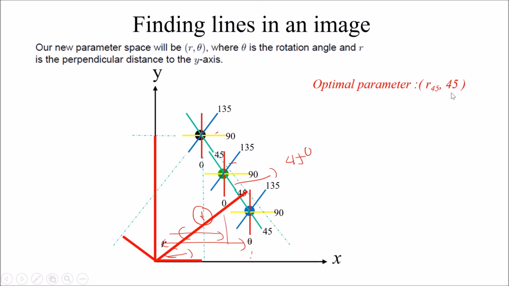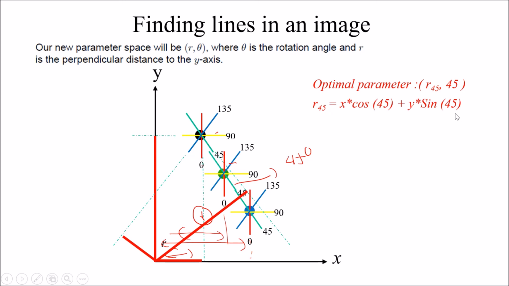What we need to do next in order to find the line is put that in this particular equation, in which r45 is our calculated magnitude from the origin, and then we just plug in the 45 degree angle, which is the consistent angle for the value of r. We plug in everything here, and eventually you can determine y equals mx plus c by rearranging this equation a bit.